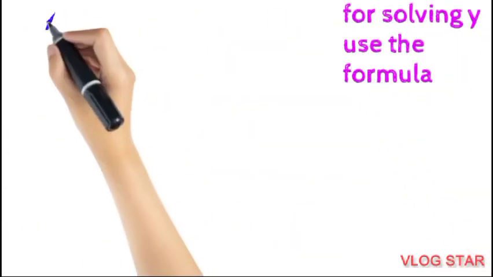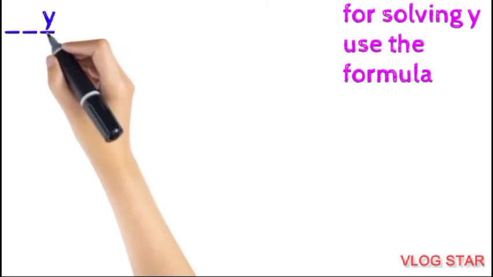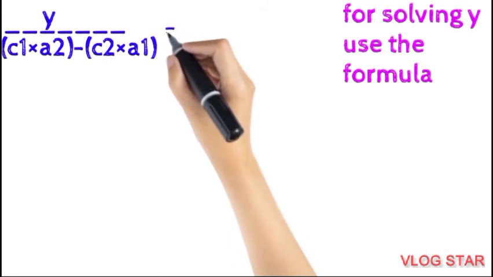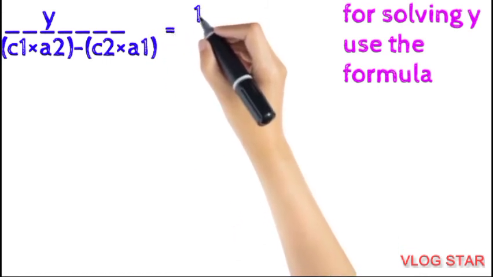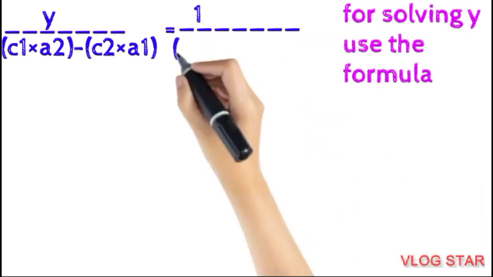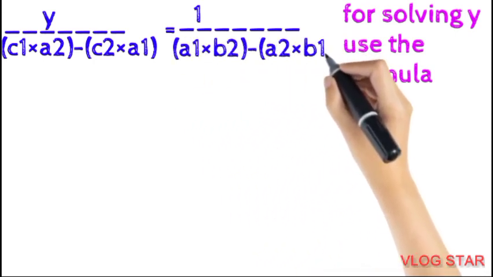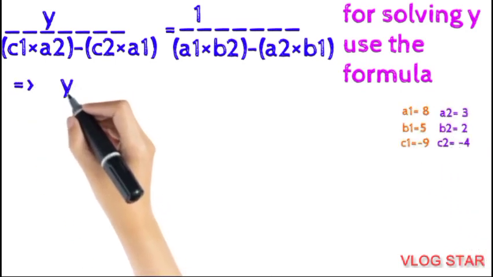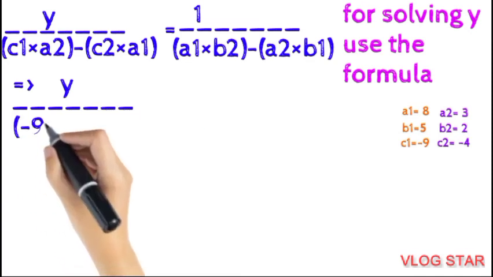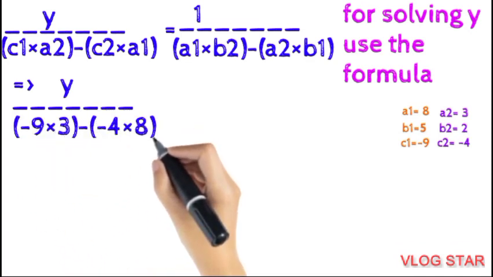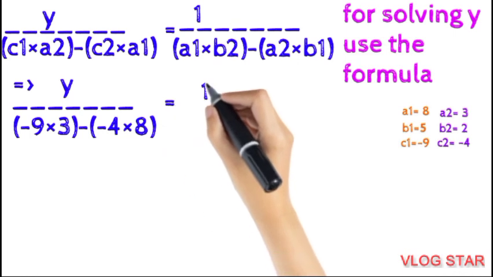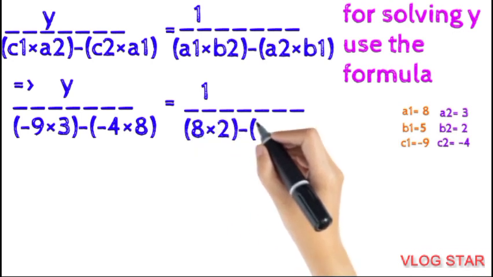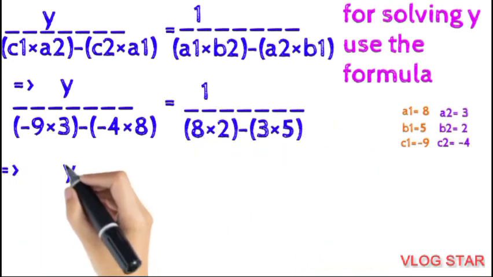For solving y, use the formula y by (C1 into A2 minus C2 into A1) equal to 1 by (A1 into B2 minus A2 into B1). That implies y by (minus 9 into 3 minus minus 4 into 8) equal to 1 by (8 into 2 minus 3 into 5).